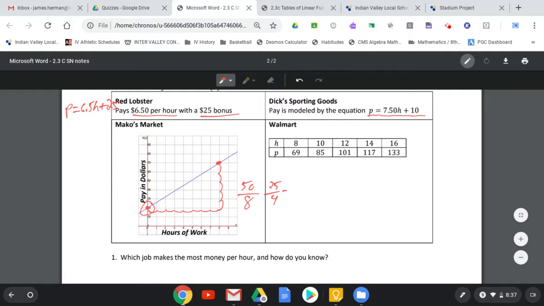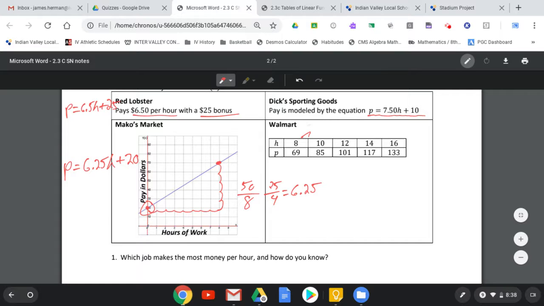Well, let's go to a decimal just for fun. 4 goes into 25 how many times? 6 with 1 left over, so 6 1/4 or 6.25. So they're going to be paying us $6.25 an hour. Are you with me? So for Mako's, it's P equals 6.25H plus 20.